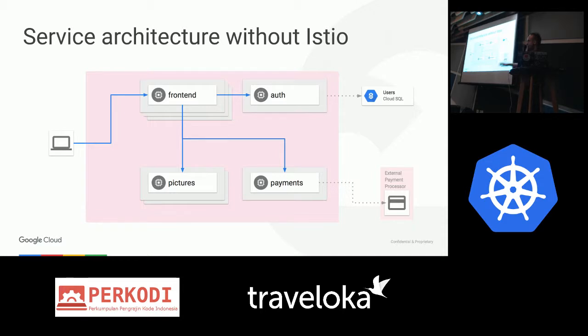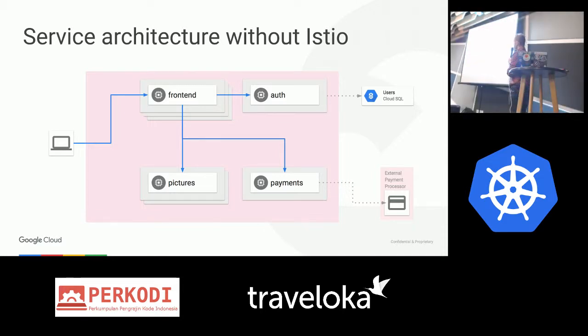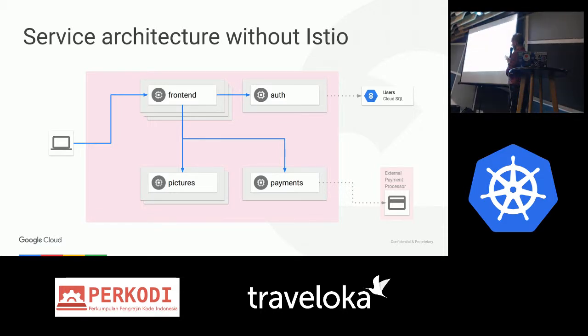Imagine you have this simple container cluster, with users talking to the front end, then the front end microservice talking to pictures, payments and authentication microservices. The authentication microservice is talking to an external database, and the payments microservice is calling an external payment processor. In this scenario, anyone can call anyone.